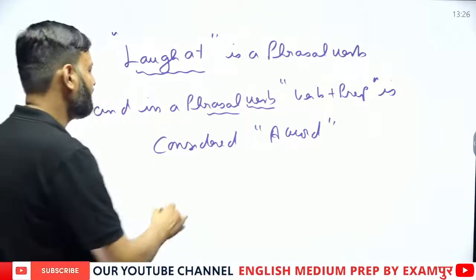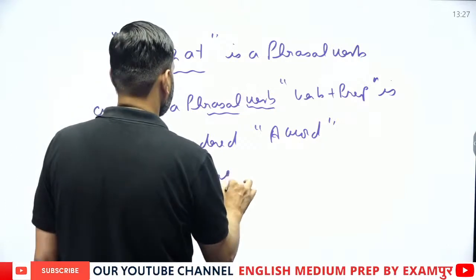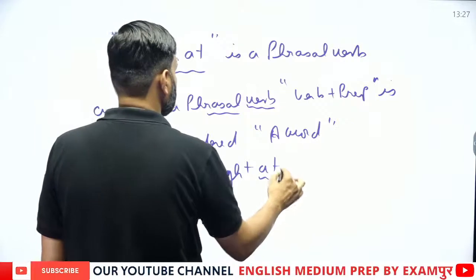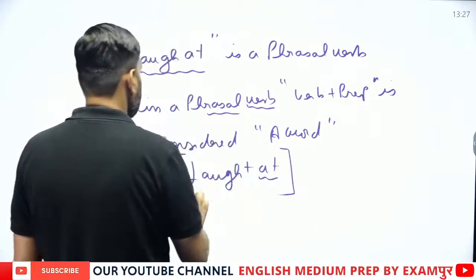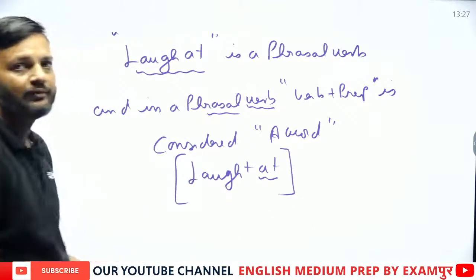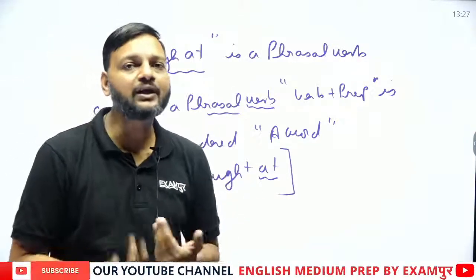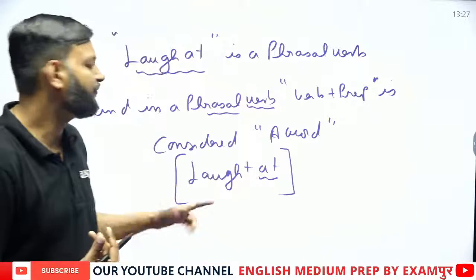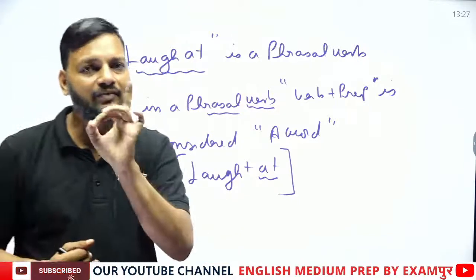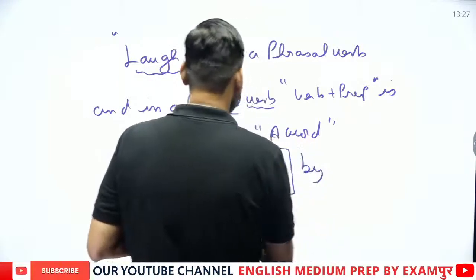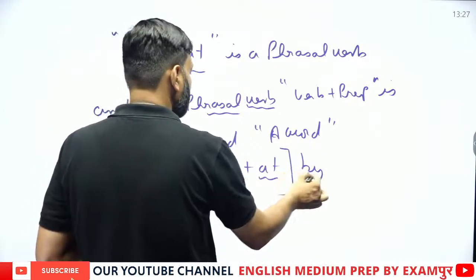So when we write laugh at, do not consider this a preposition. This is not a preposition here, because laugh at is a phrasal verb, and in a phrasal verb, the preposition cannot be separated from the verb. So here laugh at is regarded as just a word. Okay. And when we write by, this is not verb plus preposition plus preposition.